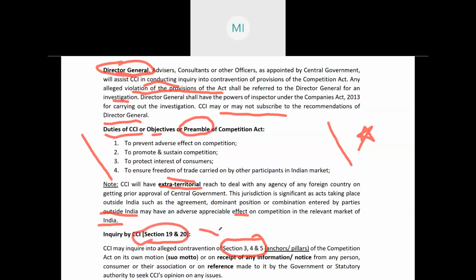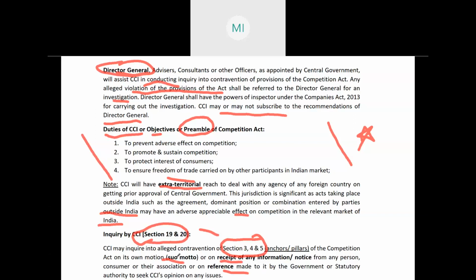What you have to remember out of here is that CCI can act on a suo moto basis or on receipt of any information. That means you and I can also give information to CCI if any kind of malpractice happens, or the government can also seek an opinion of the Competition Commission of India.